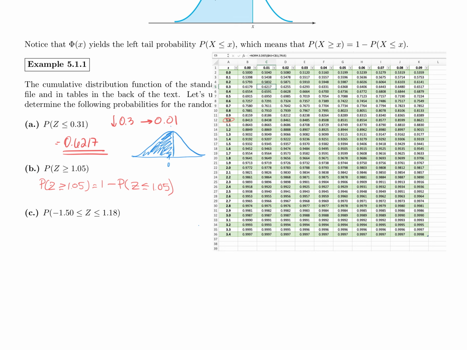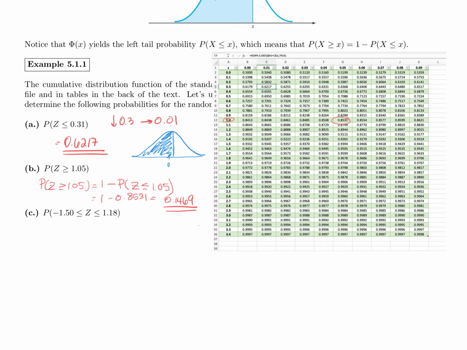So we get 1 minus 0.8531, which is 0.1469.